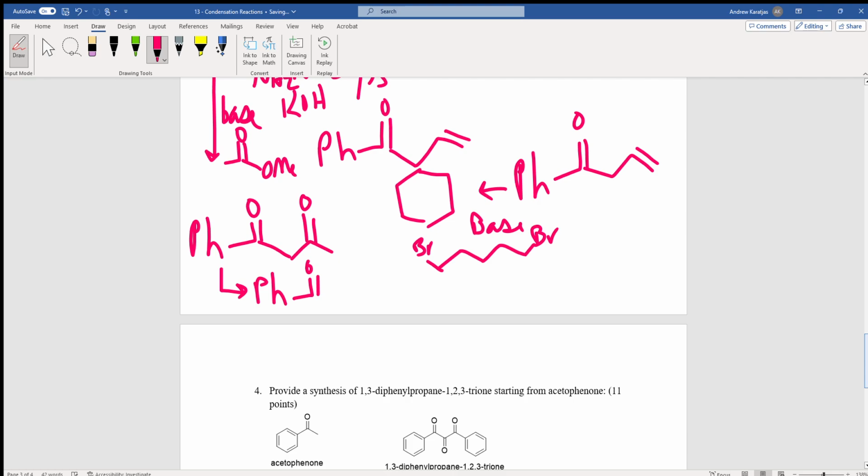So I need to be able to do this in a way that's only going to reduce one of my 2 carbonyls. And given how similar they are in reactivity, not all that likely. So is there anything else I can do instead?